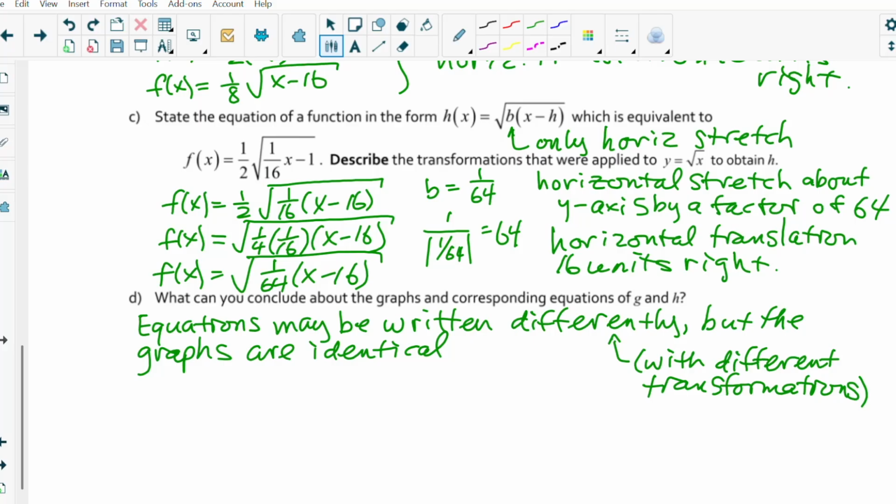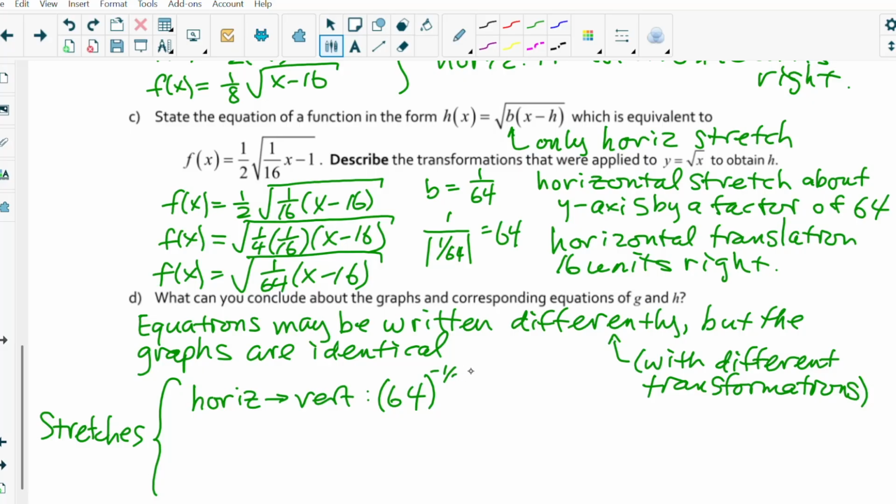One more thing I can say is that when we're comparing vertical to horizontal stretch factors, so this is for stretches, when we go from horizontal to vertical, we go from the factor of 64, and if I take the inverse square root of it, that's the relationship.